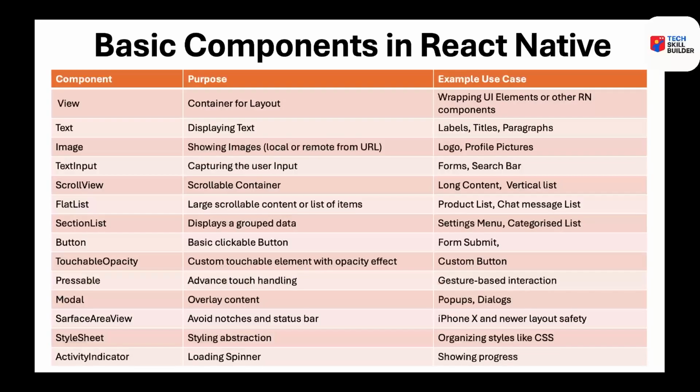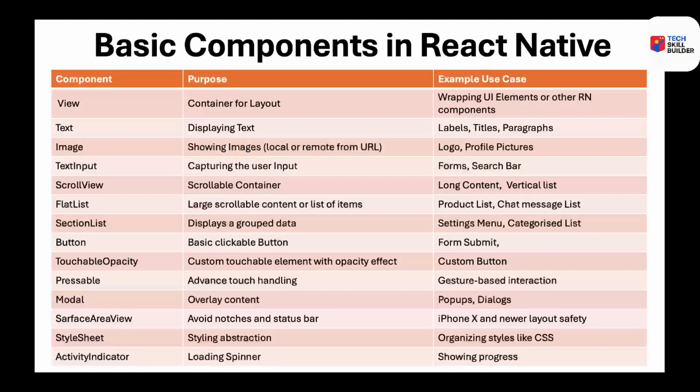If you are building a form and there is user input, then we will use TextInput. ScrollView is for scrollable content. If the content is very large and goes beyond the actual phone screen, we can use ScrollView, so it will scroll vertically. FlatList is a large scrollable container or list of items.